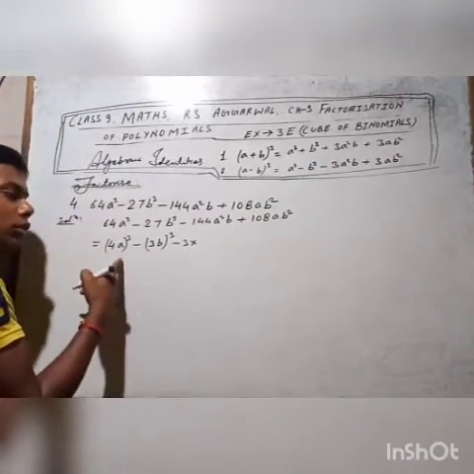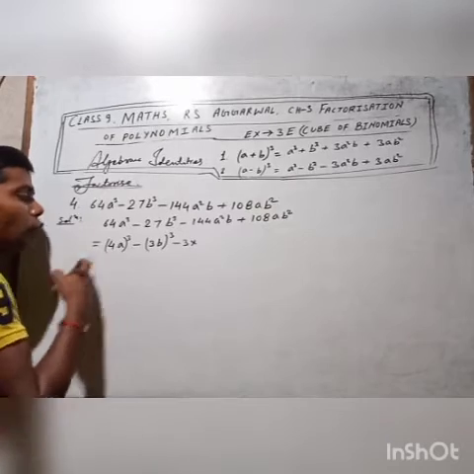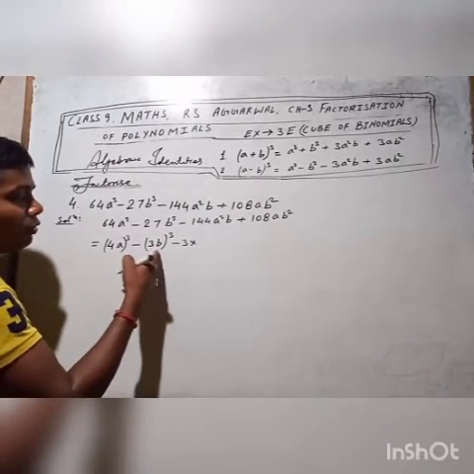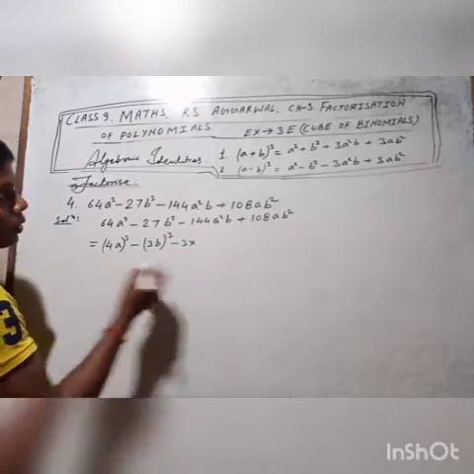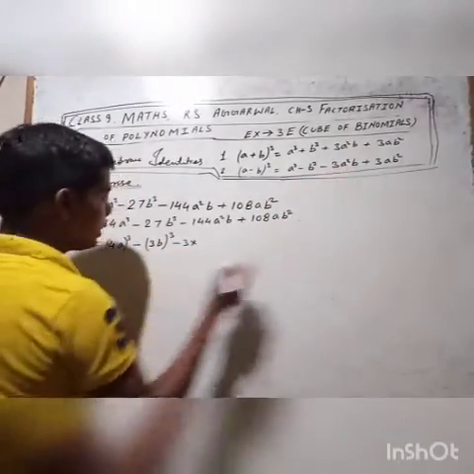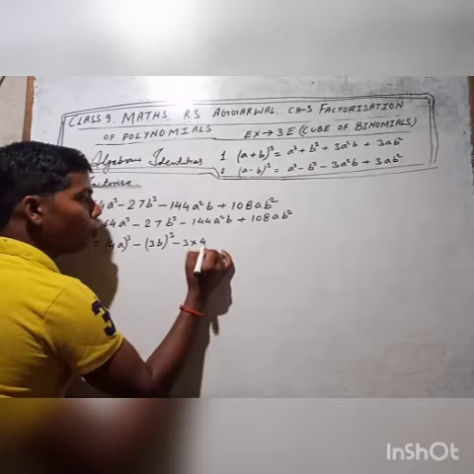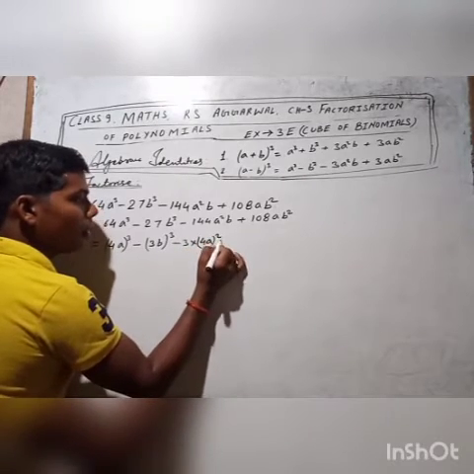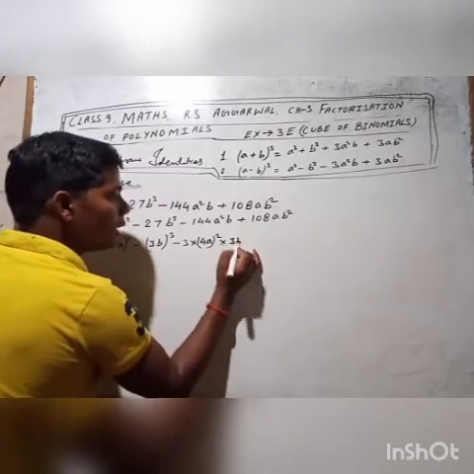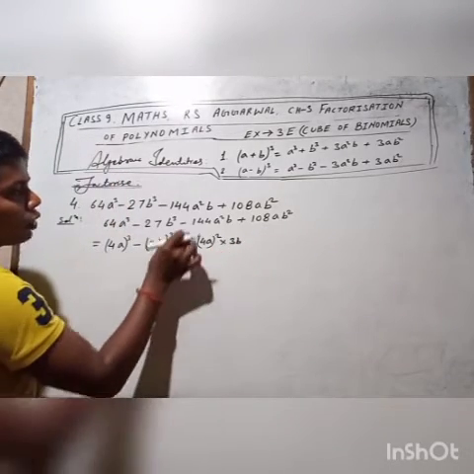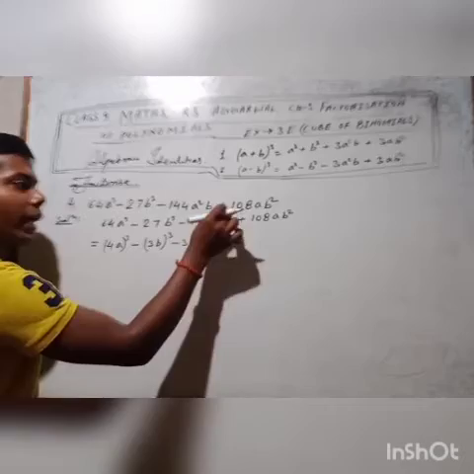Now, in place of a we have 4a and in place of b we have 3b. So we shall directly put the values of a and b here. We have a square b, so we will write (4a) square into b, that means into 3b. Now if you simplify it, you will get 144a square b only.